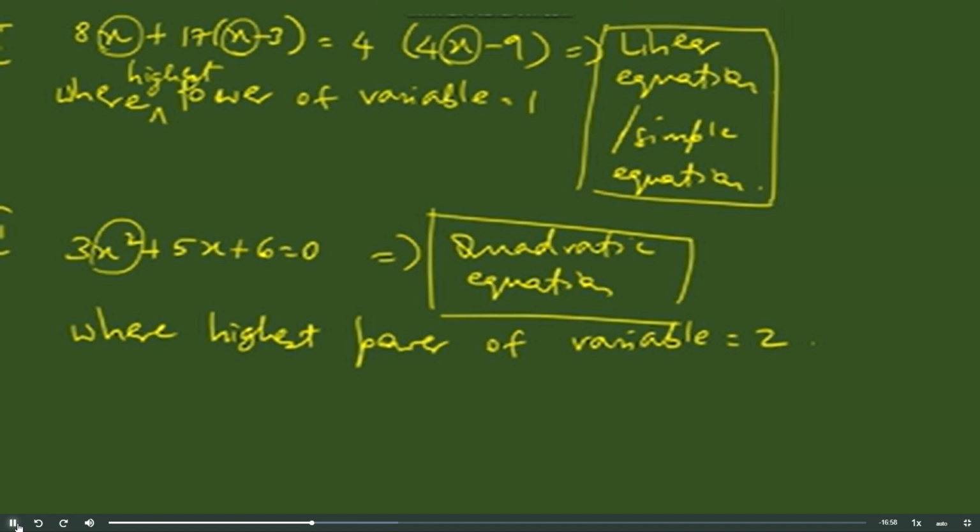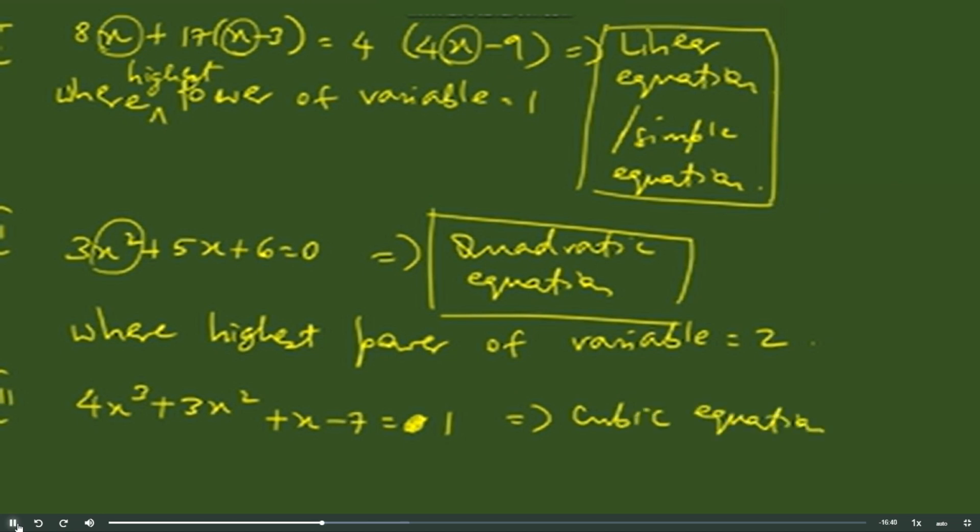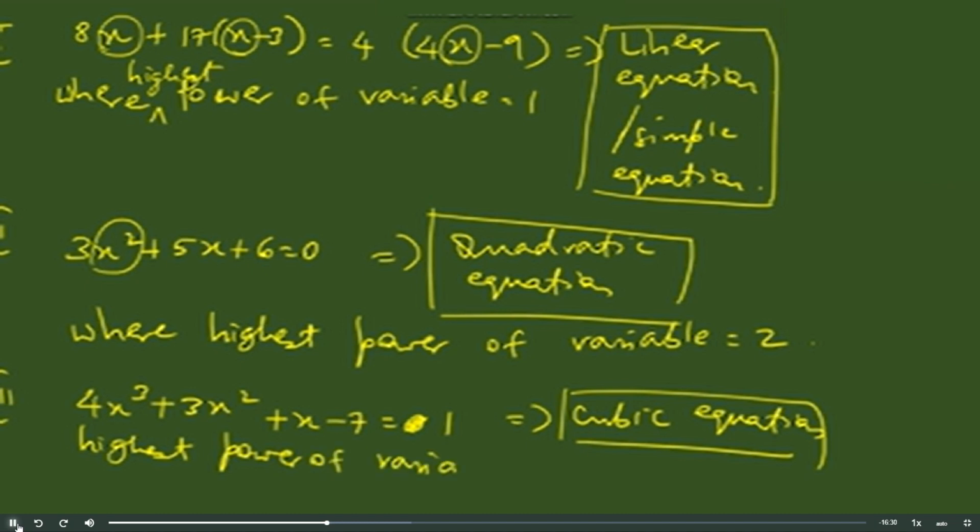The third type is 4x³ + 3x² + x - 7 = 1. This is called a cubic equation, where the highest power of the variable is equal to 3. This is cubic.